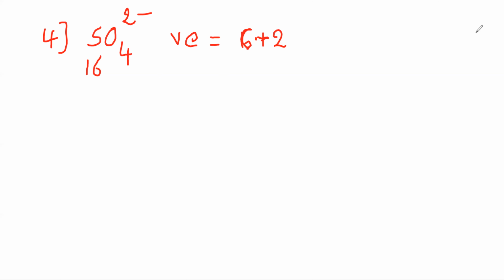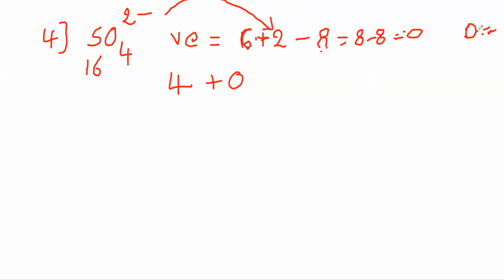Whenever there is a minus charge, you have to add, and whenever there is a plus charge, you have to subtract. Each oxygen is involved by taking 2 electrons, so 4 times 2 is 8. 8 minus 8 is 0. No valence electrons left. Number of atoms surrounded is 4 plus lone pairs 0, so 4. That means sulfur undergoes sp3 hybridization.